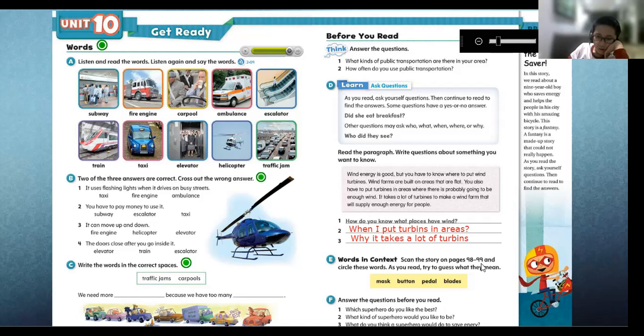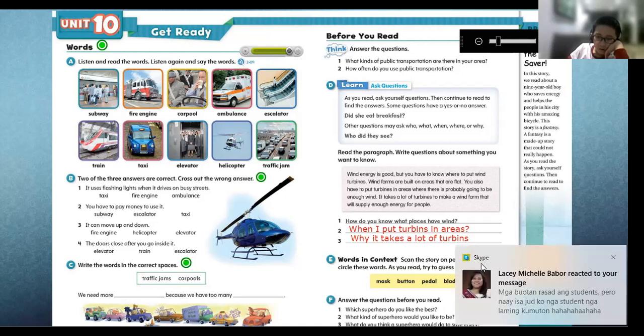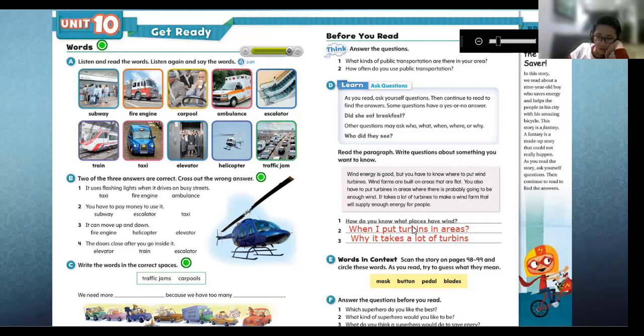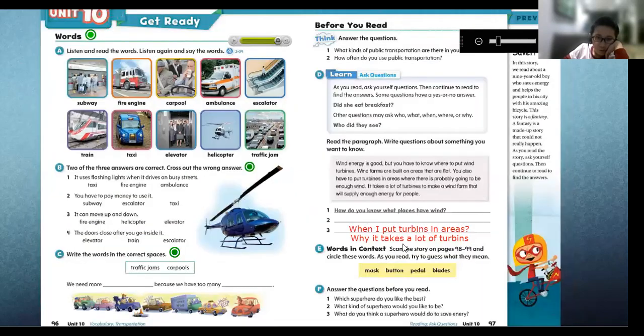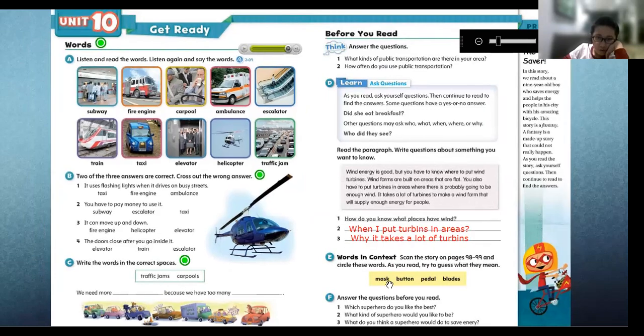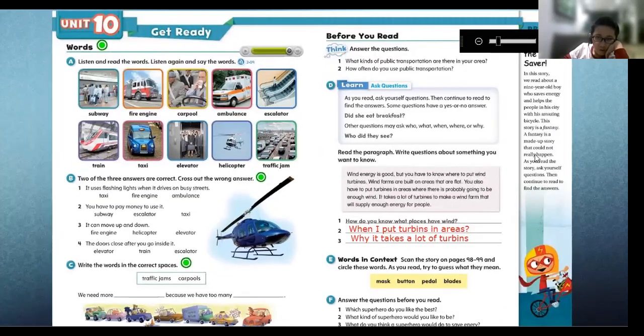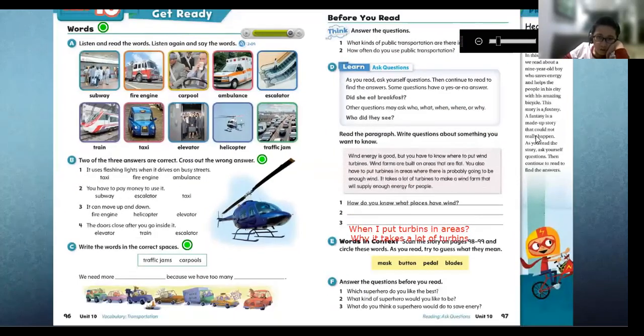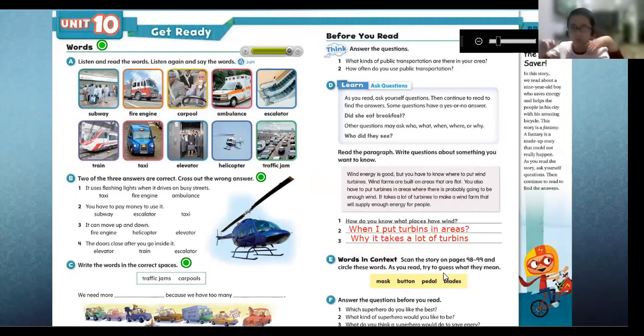Okay, so these are your questions. You will find the answers to your questions when you read the Hector the Energy Saver story. So these are examples.